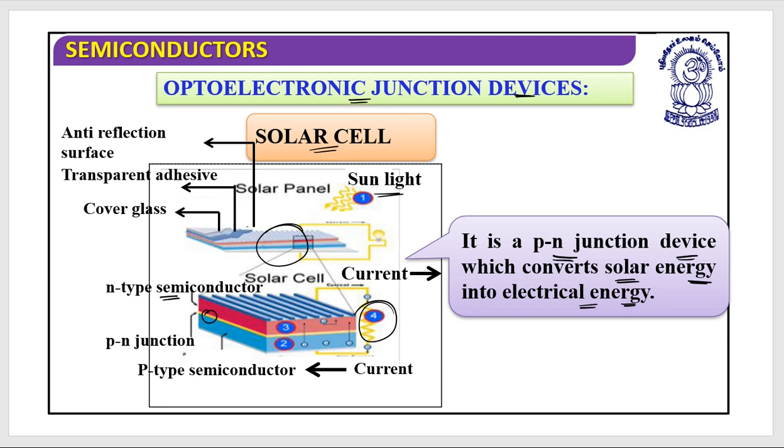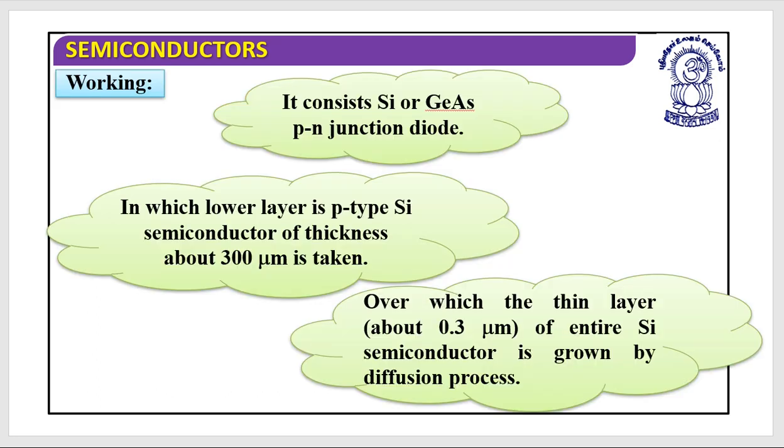Let's have a look. The solar cell contains a silicon or gallium arsenide PN junction diode, in which the lower layer is of p-type silicon semiconductor of thickness about 300 micrometer, and over that a thin layer of about 0.3 micrometer of n-type silicon semiconductor is grown by the diffusion process.